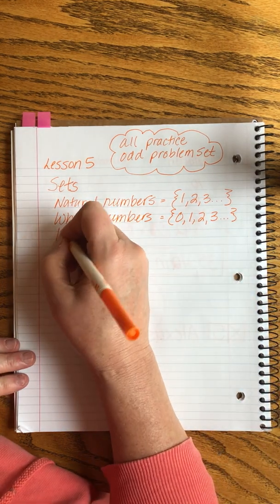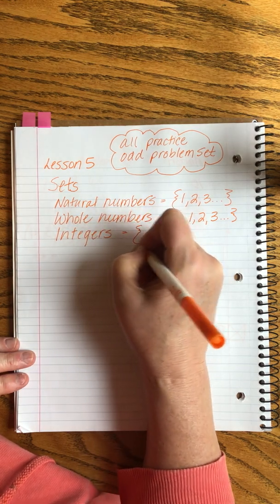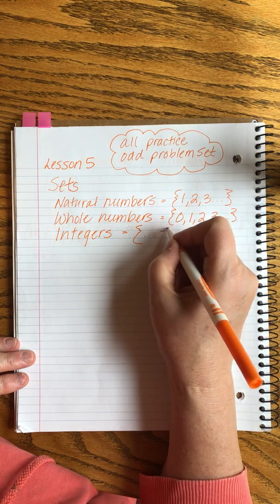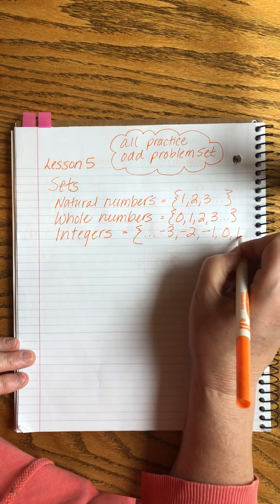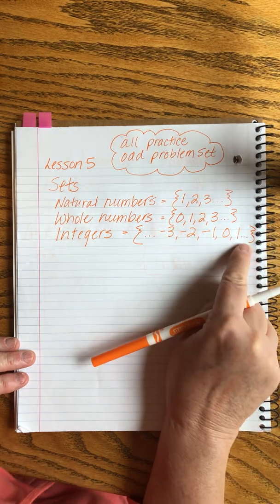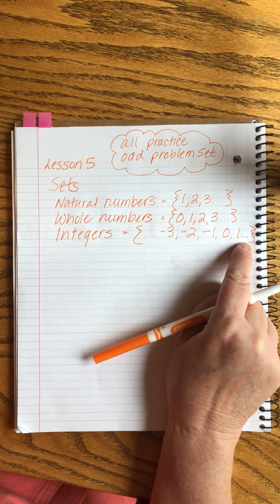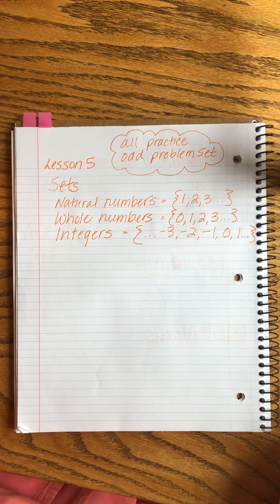And then we can also say the set of integers is equal to, and we usually do the dots to show that they go infinitely in the minus direction. I ran out of space, so I just started my dots there. All right, so that is what the word set means in mathematics.